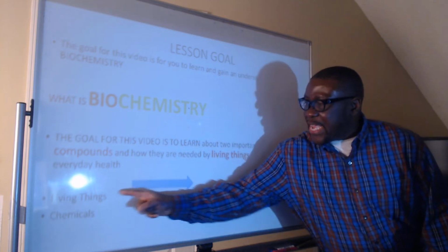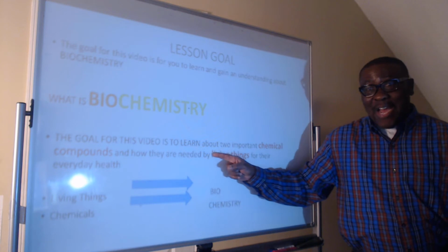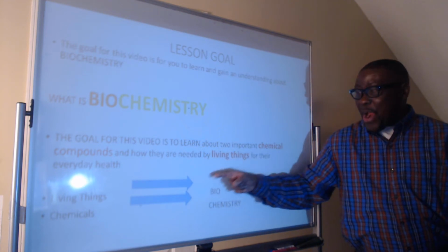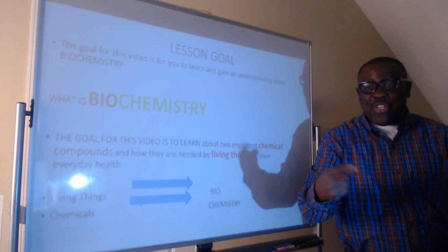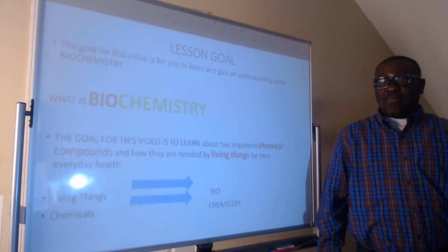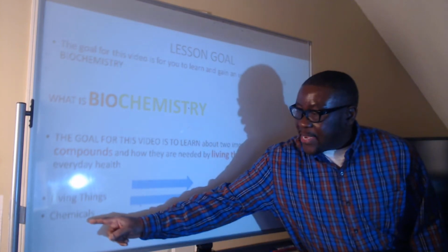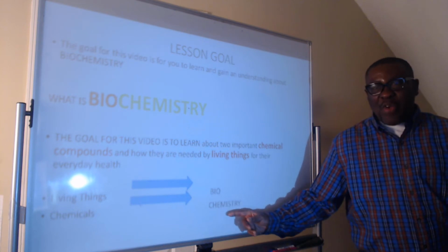So living things means bio. That's the living part of the script I just gave you prior to these arrows. So anytime you see the word bio or the prefix bio, it means living things. Okay, all right, the next is chemicals. Obviously, the words almost rhyme.